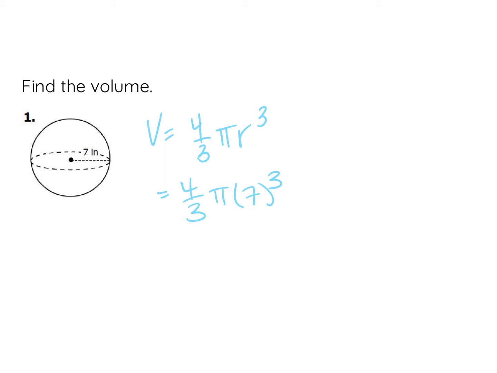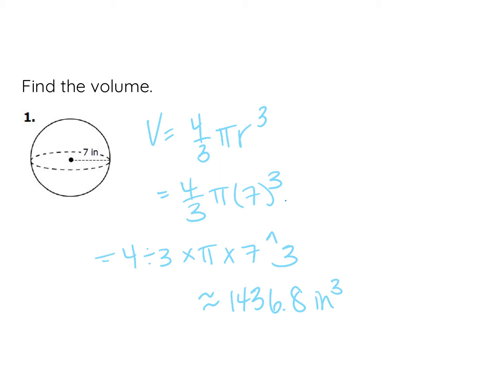And to do the third, you're going to have to use the caret button, right? So what I plugged into my calculator just now was 4 divided by 3 times pi times 7 caret 3. And that gives me 1436.75, so we'll say 8.